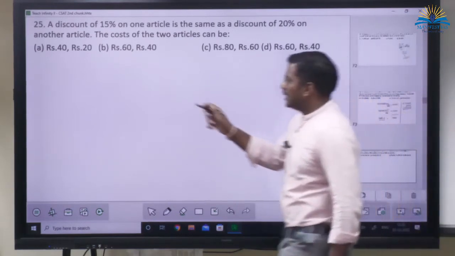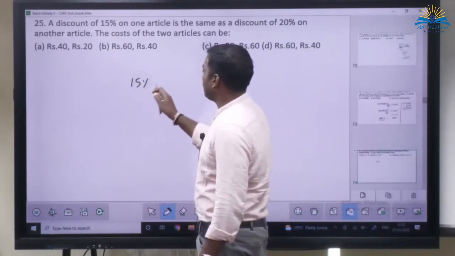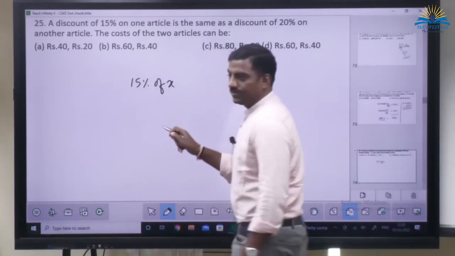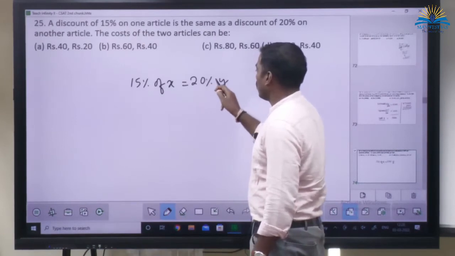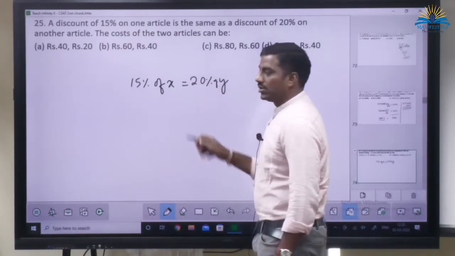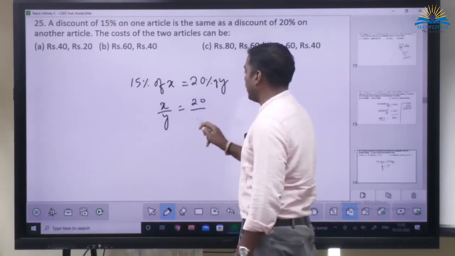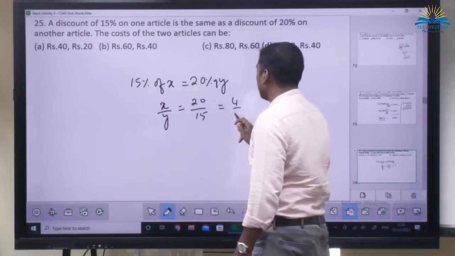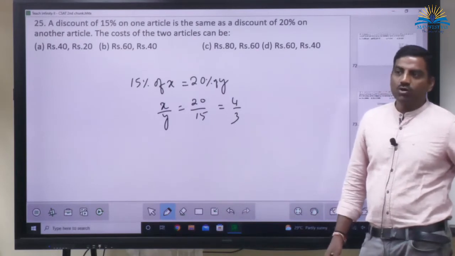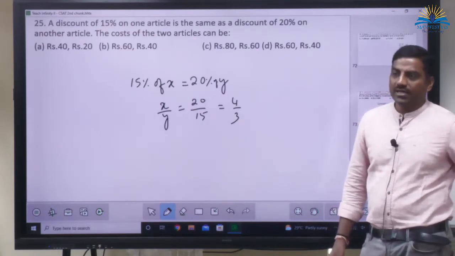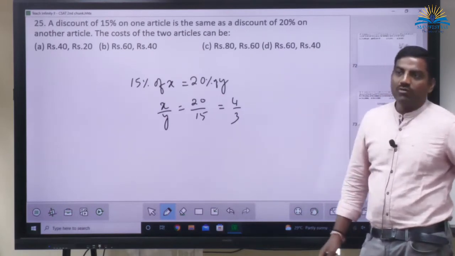We are saying 15% of the first good, let's say X, is equal to 20% of Y. So if you bring X and Y to this side, it becomes 20 by 15, which is nothing but 4 by 3. Which is costlier, X or Y? X by Y is equal to 4 by 3. X is costlier. So if X is 4, Y will be 3.